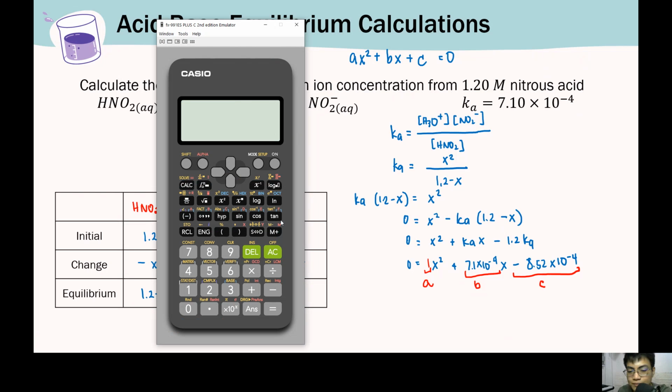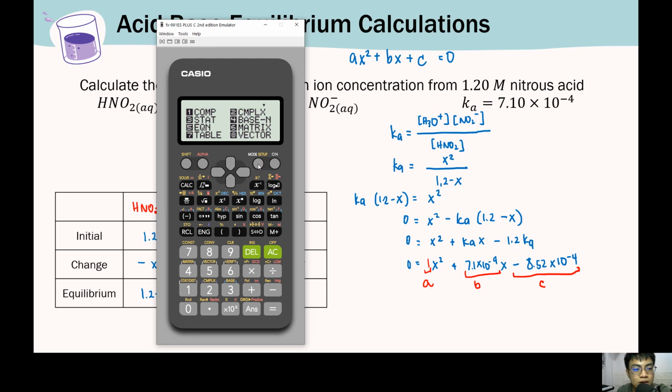Okay, so again, let's go back. Instead of teaching you the long method of the quadratic equation, which would waste our time, we'll just let our calculator do the work. So how are we going to do that? We just need to enable the quadratic equation function of our calculator.